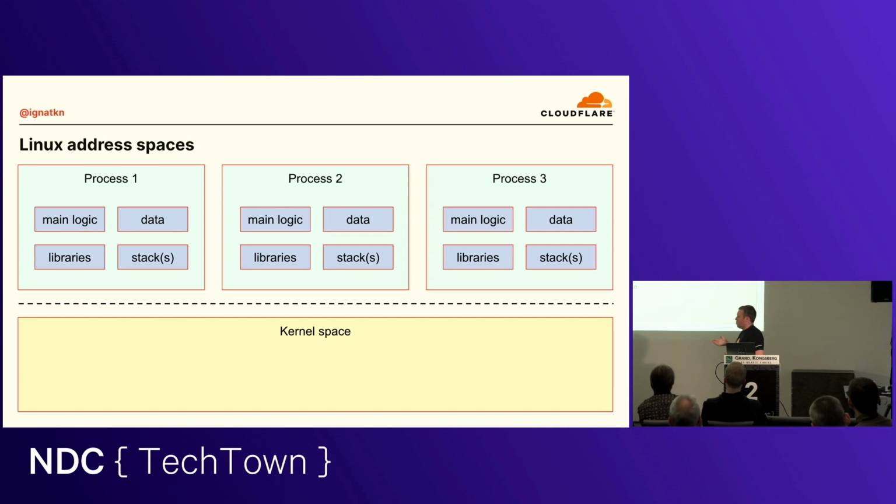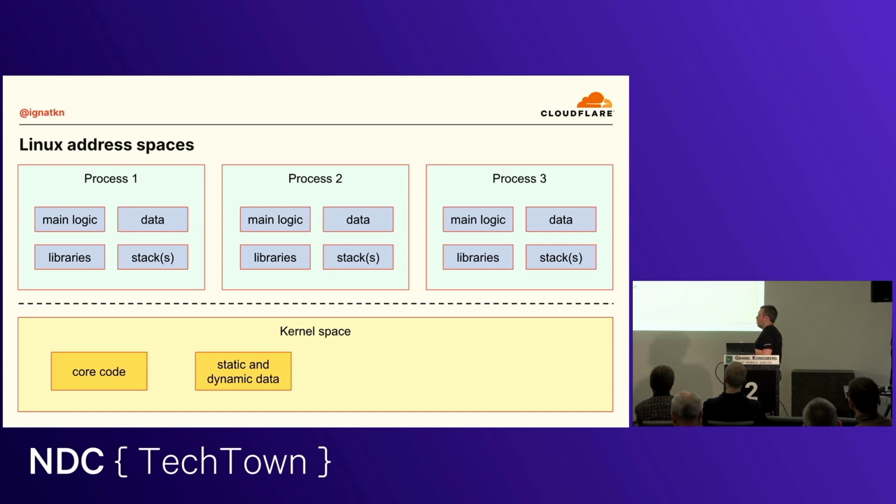You also have your operating system kernel, which has a dedicated kernel space, and there it's a similar thing. You have the core code, which does the scheduling, IPC, and all the other stuff that the operating system needs to implement. You also have static and dynamic data in the kernel, like global variables and constants. You have the device drivers, obviously, and one or more stacks because you can have kernel threads, and the kernel stack is actually considered a limited resource.